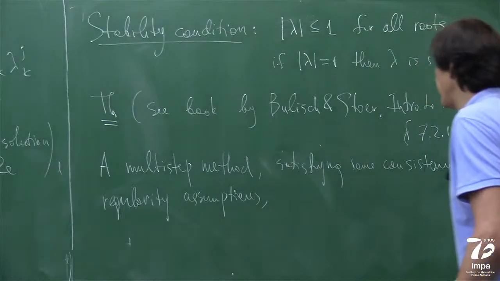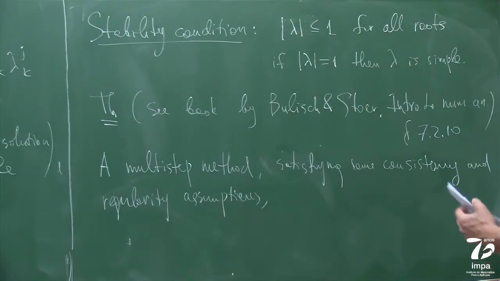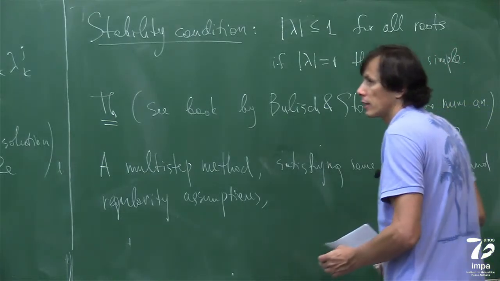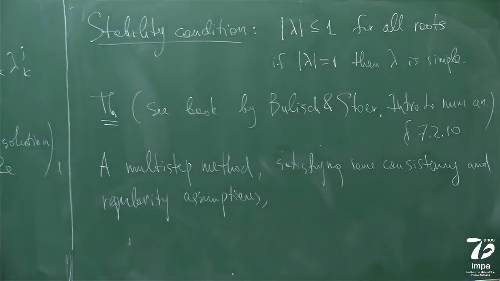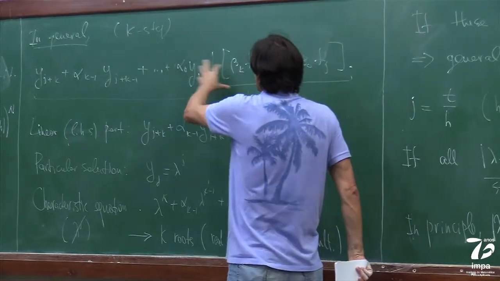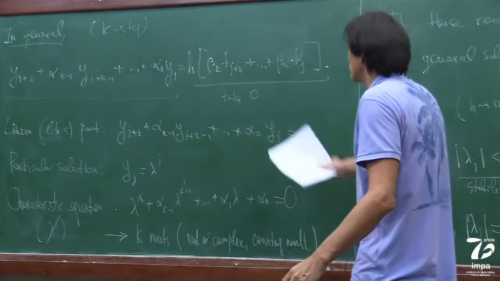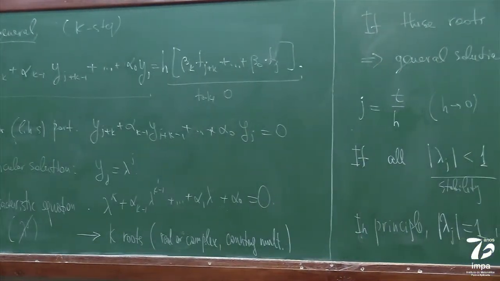I'm not making it explicit, but essentially consistency has to do with the fact that this scheme is correctly approximating the step.